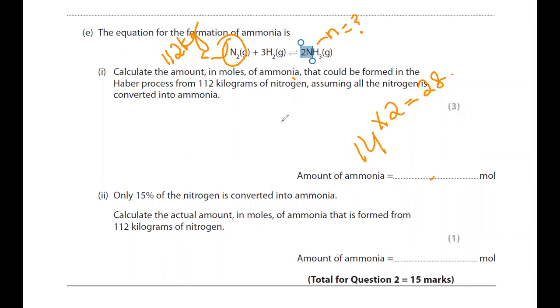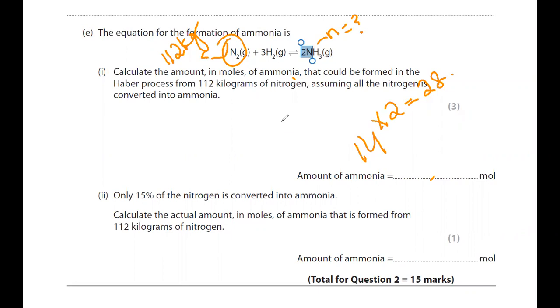So you have to turn your kilograms into grams, because remember, when we use the formula n is equal to m over Mr, the mass is in grams. So you have to change your kilograms into grams as well. It's 112,000.